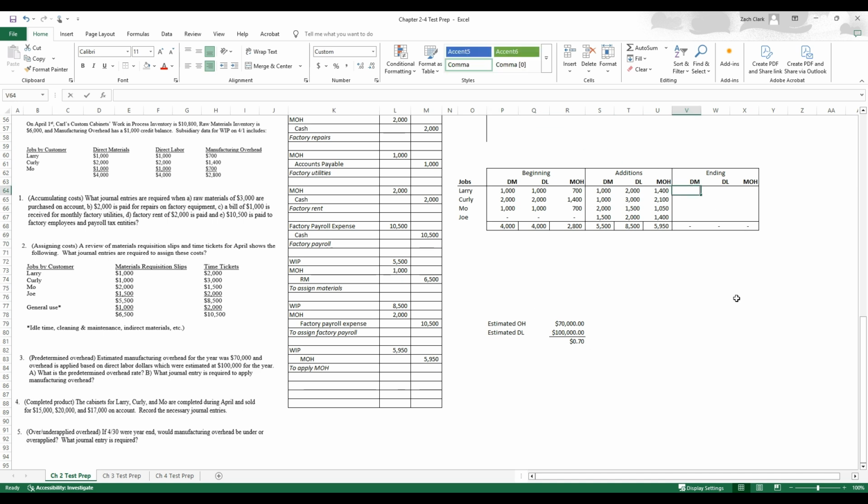Let's just get our ending balances then. I'm going to do it in my little table here. We could just add all these together by job to get a beginning balance, but I'm doing it by total like this. Drag those across, and let's add a totals column at the end.